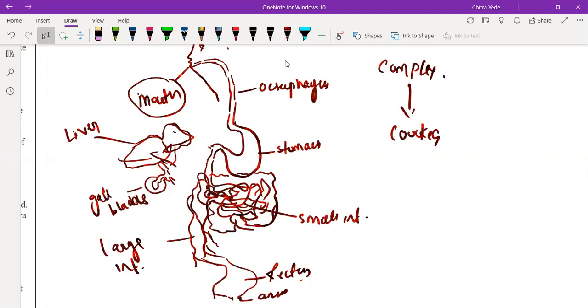The complex food breaks down into a simpler form. And after cooking, that food is taken in by the organism, like a human being. This process is called ingestion.